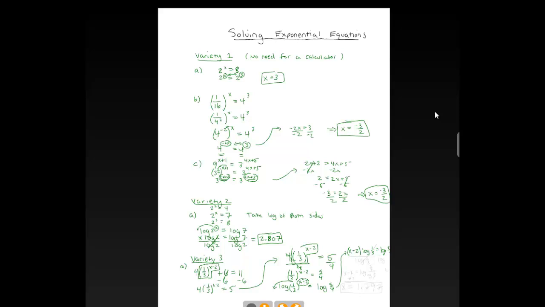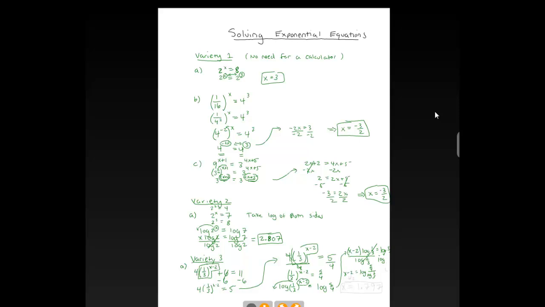Now our goal is to solve for x, so we're going to divide by log of 1/3 to get that out of there. And now I have x minus 2 equals log of 5/4 divided by log of 1/3.